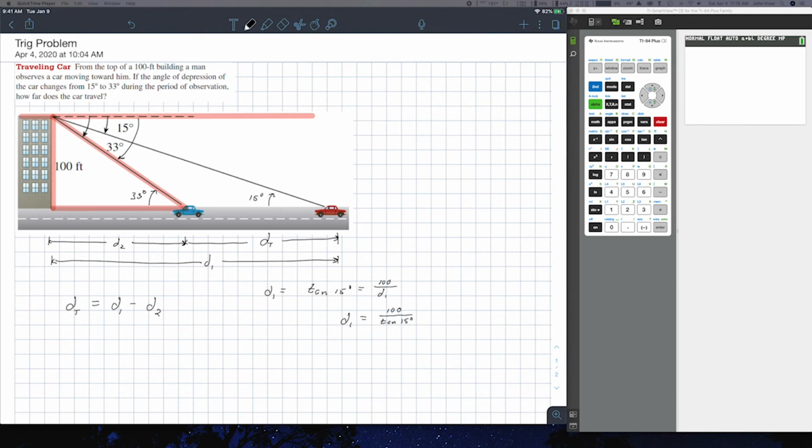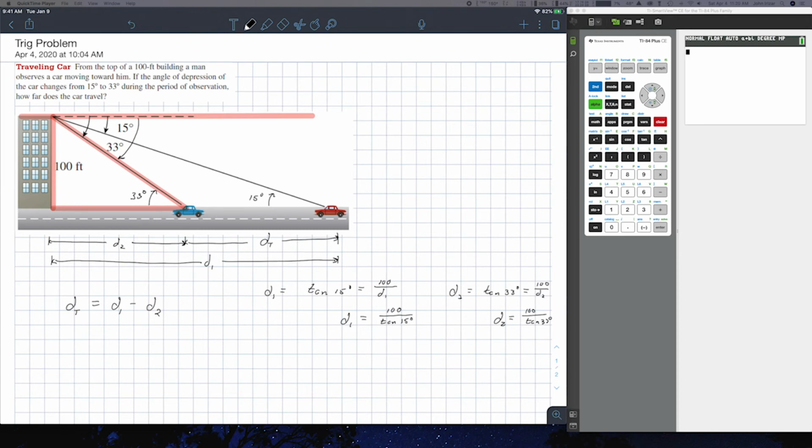So our d2, using the same principle, the tangent of 33 degrees now is equal to the side opposite of that angle, which is 100 over d2, our second distance. So again, using some algebra, our d2 will equal 100 divided by the tangent of 33 degrees.